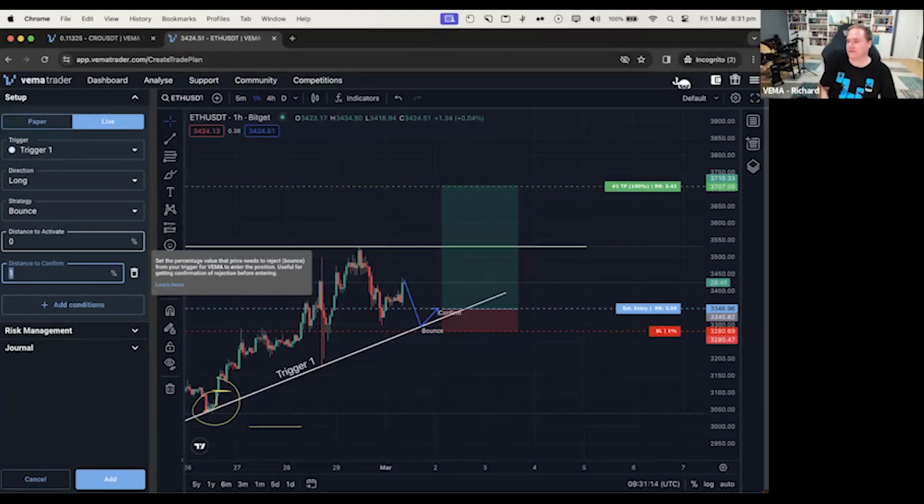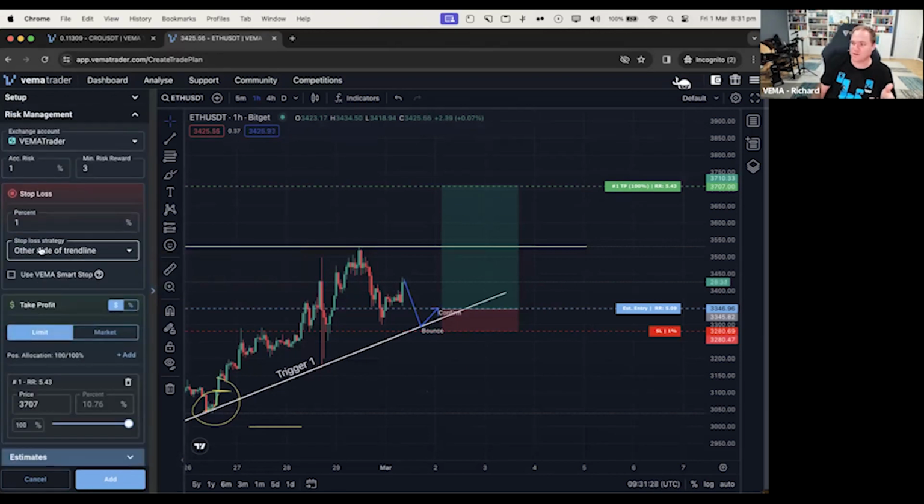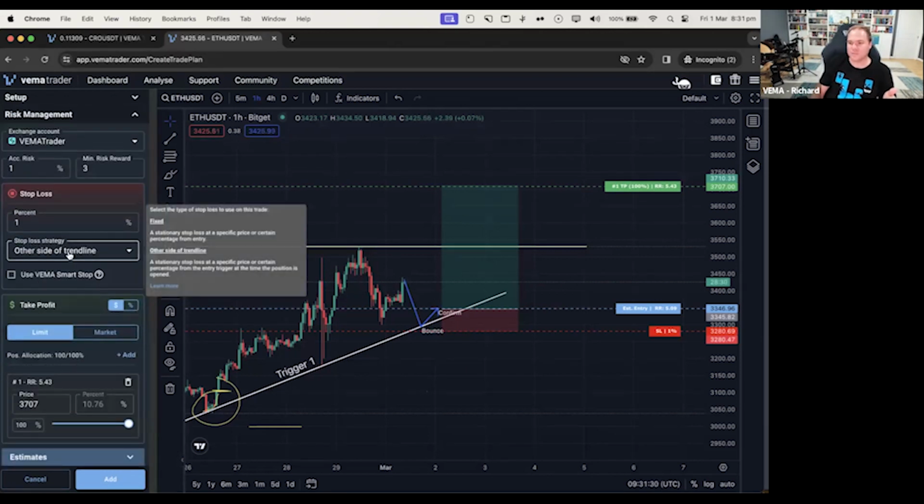That tells me, hey, buyers have stepped in, the uptrend is held. And because the uptrend is held and I've got that extra confirmation, I will have the system move my stop loss closer, still using the stop loss strategy of other side of trend line. So it's always going to be on the other side of the trend line, which is lovely. But it's going to be closer to where my entry was, which gives me a better risk to reward.